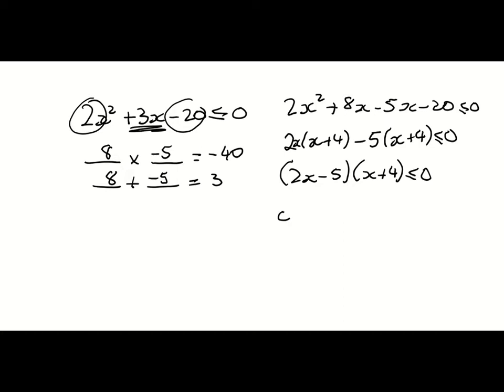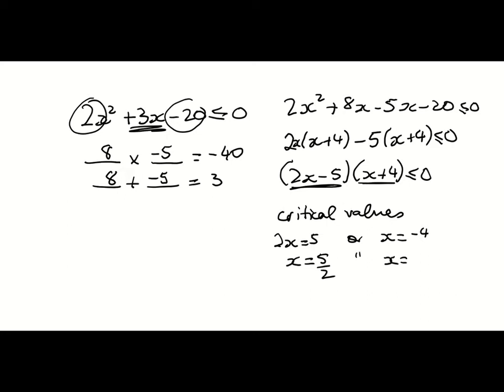Right, so my critical values, my crossover points, are where 2x equals 5 or x equals negative 4. Right, I'm looking at each of those factors, giving me x is 5 over 2 or x equals negative 4.